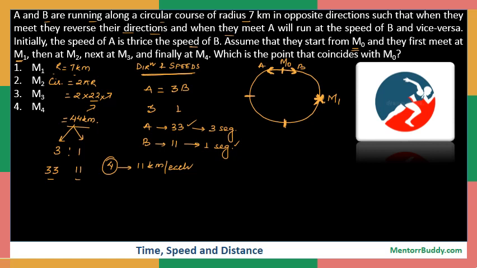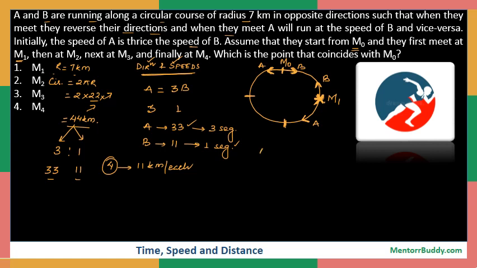Now when they meet, two things will change: the direction and the speeds. Because B is coming from this direction, he will reverse his direction. Similarly A will also reverse direction and run in the opposite direction. So now virtually this M1 becomes their origin point.